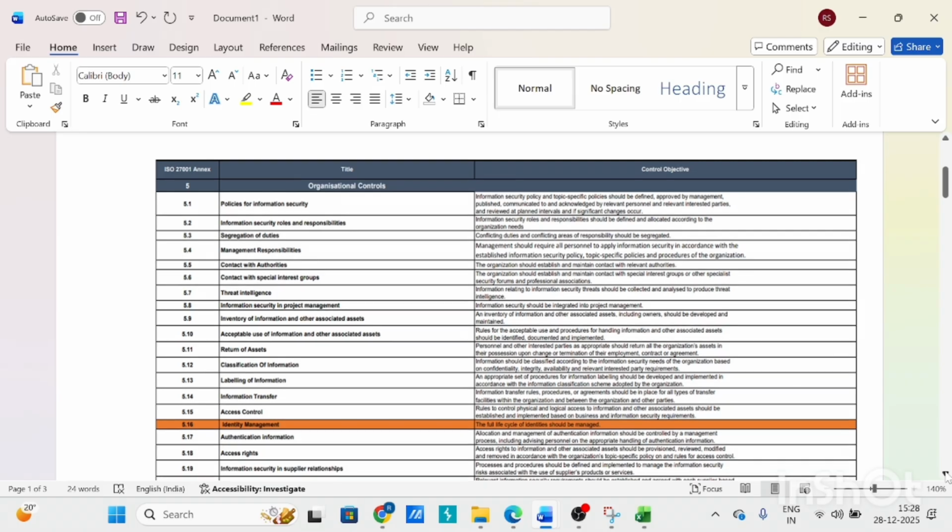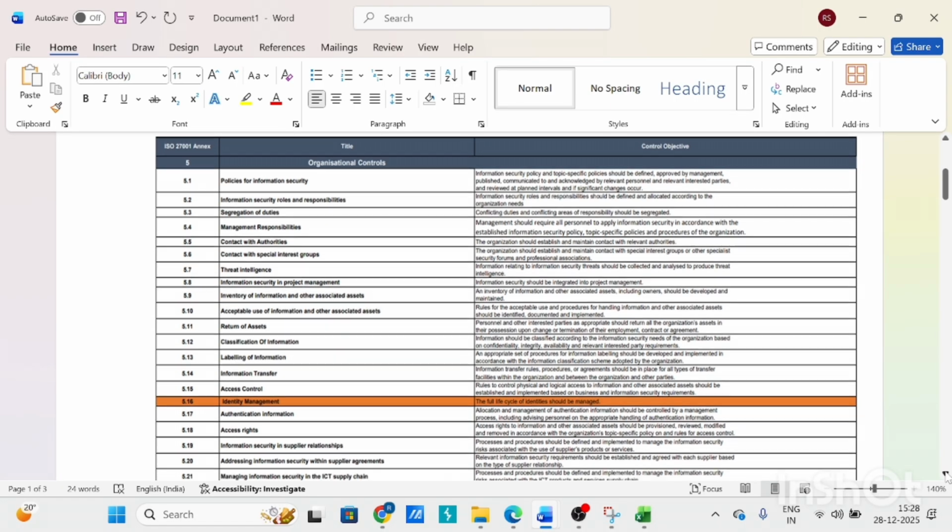Information transfer comes under 5.14, where information transfer rules, procedures, or agreements should be in place for all types of transfer facilities within the organization and between the organization and other interested parties.